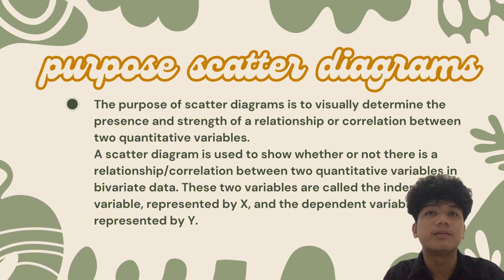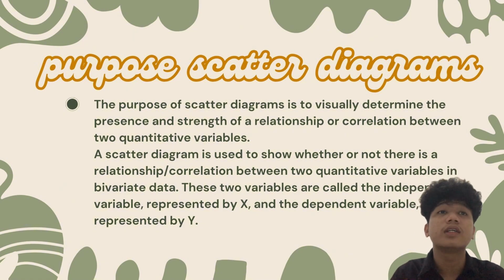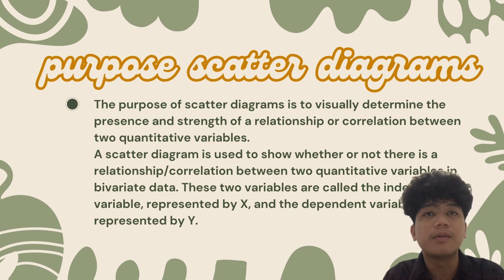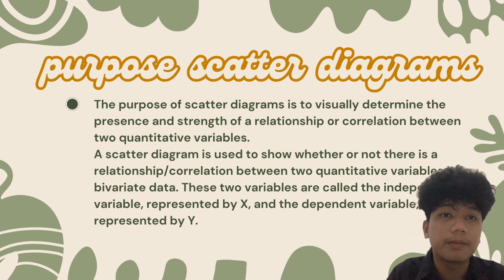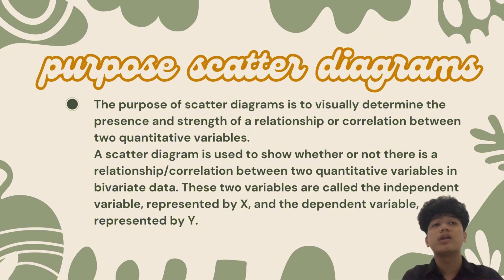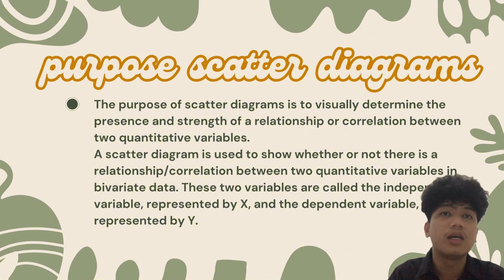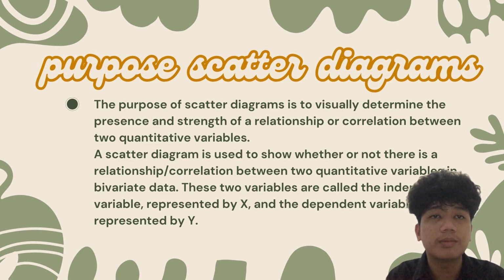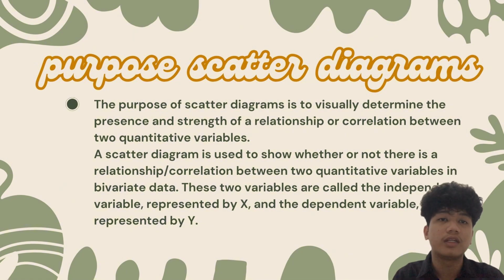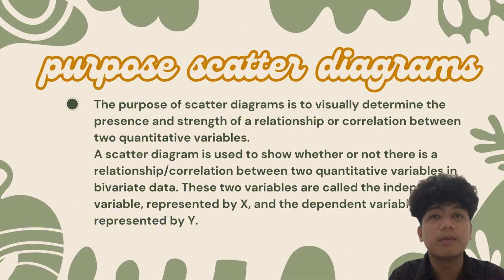Purpose of scatter diagrams. The purpose of a scatter diagram is to visually determine the presence and strength of a relationship or correlation between two quantitative variables. A scatter diagram is used to show whether or not there is a relationship or correlation between two quantitative variables in bivariate data.